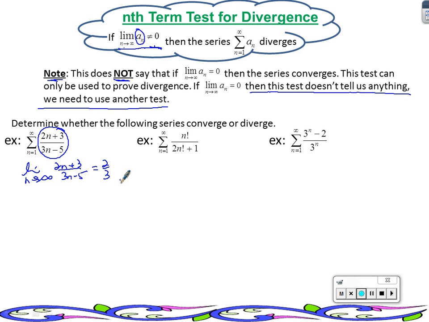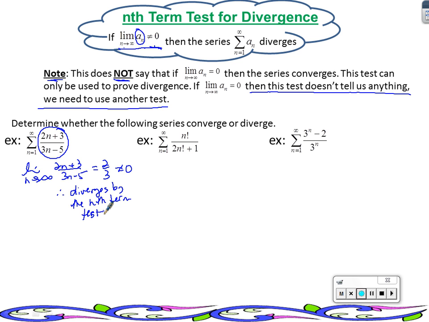So this does not equal 0. Therefore, it diverges by the nth term test. I'm fine if you just write nth term test. You don't need to write the nth term test for divergence. Okay, that's pretty nice.